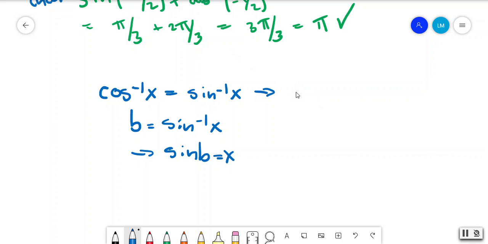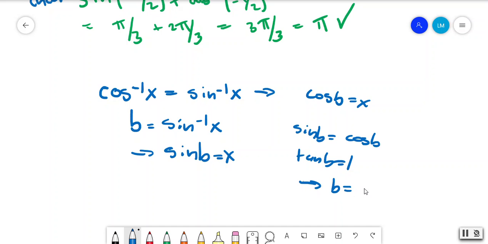So eventually you're going to come up with that x is equal to cosine of b. So in this case, that's also telling you that sine of b equals cosine of b, but that's only if tangent of b equals 1. So that tells you that b has to be equal to, not pi over 2, but pi over 4.